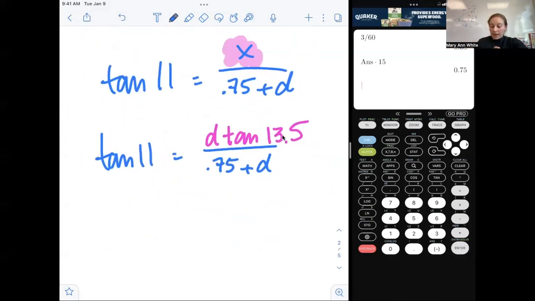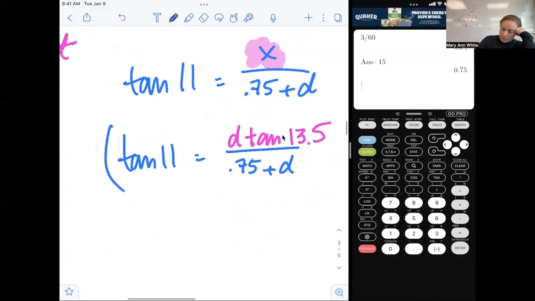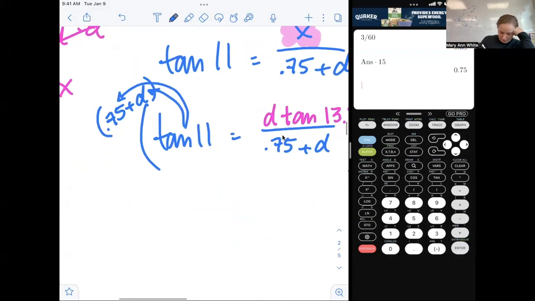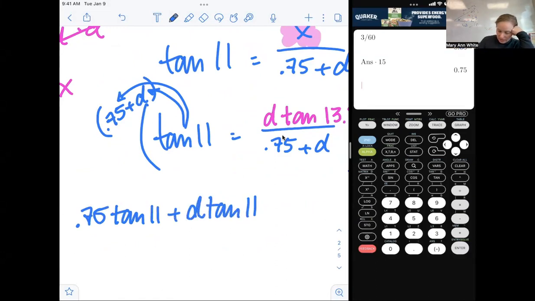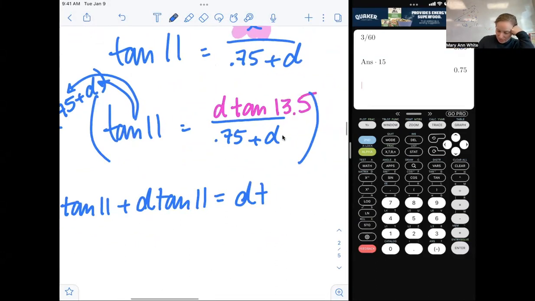If you want to make tan of 13.5 or tan of 11 a decimal at any point, you can do that. I'm just not going to. I am going to multiply by 0.75 plus D on both sides, and distribute that to the tan 11. So 0.75 tan 11 plus D tan 11 equals D tan 13.5.